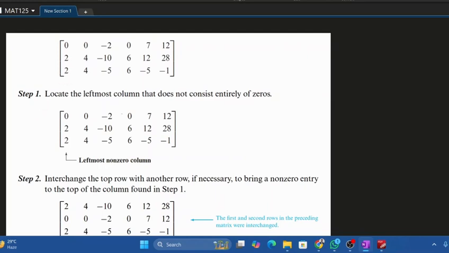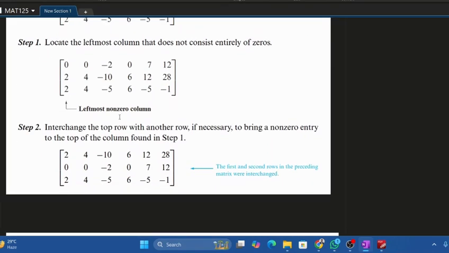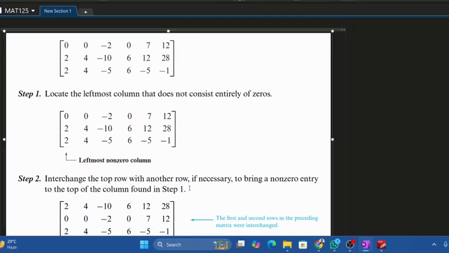Okay, nice. The next step is to interchange the top row with another row if necessary to bring a non-zero entry to the top of the first column found in step 1. So we found this column in step 1, and we will work through this. We have to interchange this row with this row. Why?